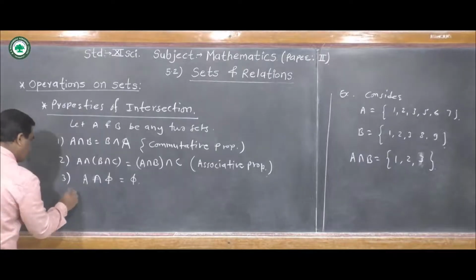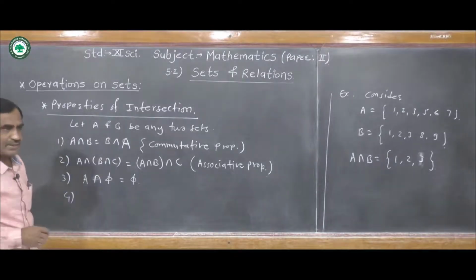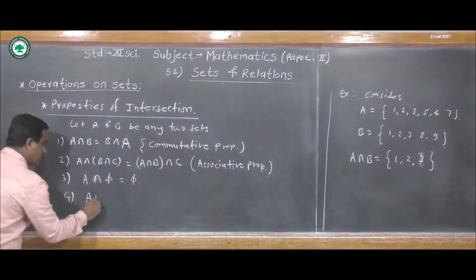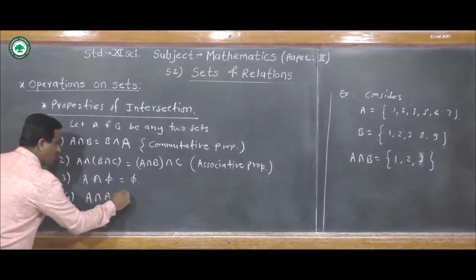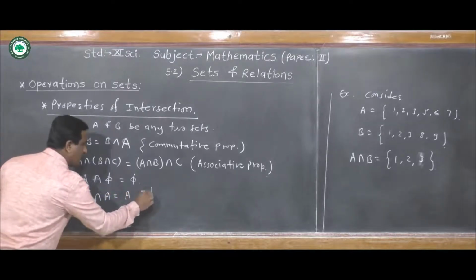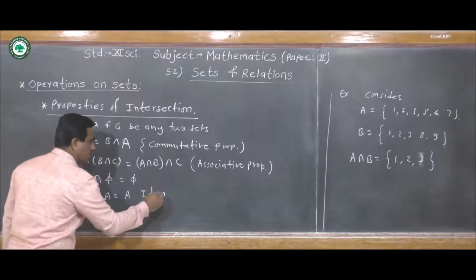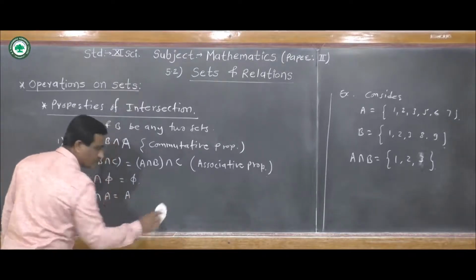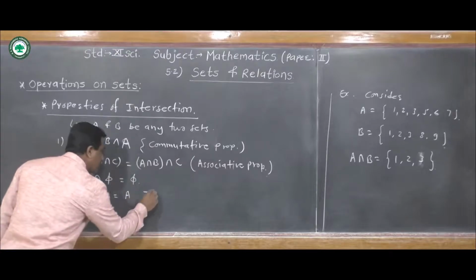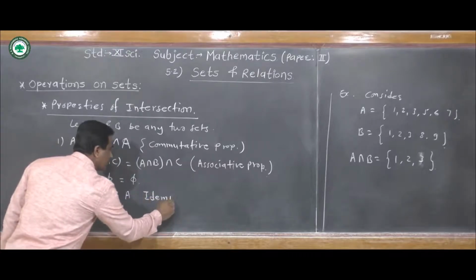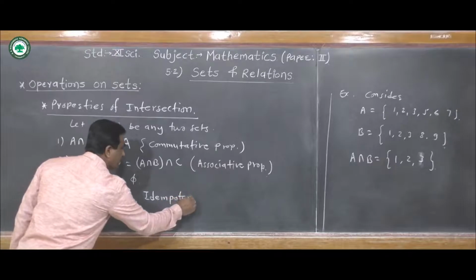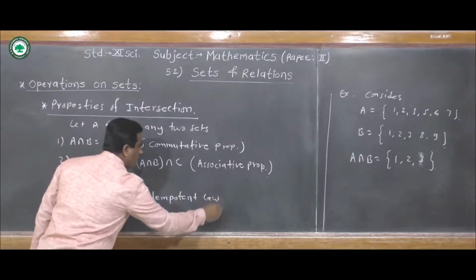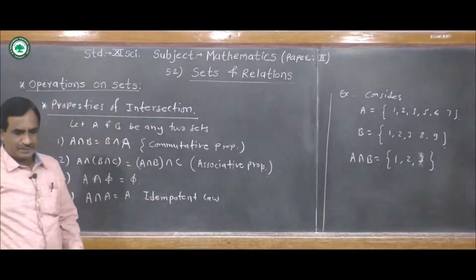Number 4, idempotent law, that is A intersection A. A intersection A is equal to A. This is called as idempotent law, or idempotent property. Okay.